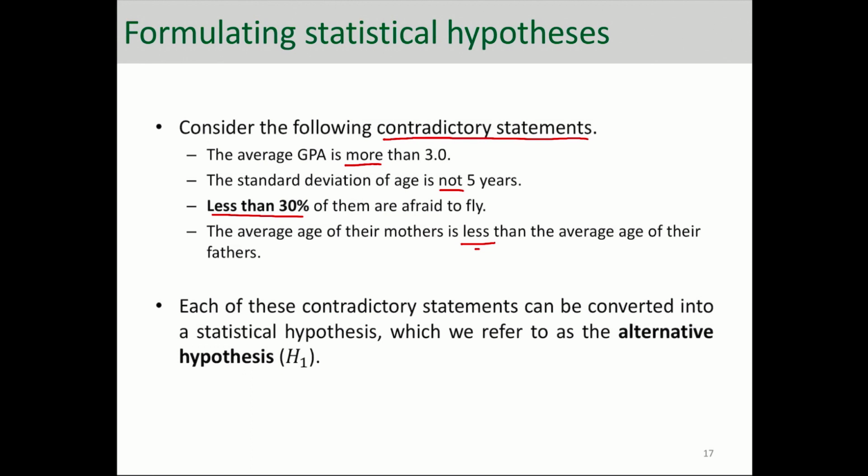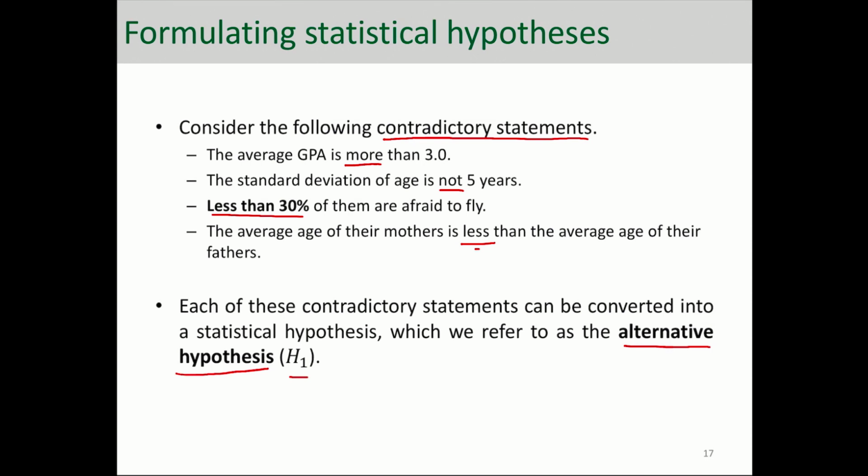These are contradictory statements, and this is another piece of your hypothesis test. Each one of these statements will be your alternative hypothesis, and we show that with H1. So we have a null hypothesis and an alternative hypothesis, and they contradict each other. The goal is to go through this process of hypothesis testing and determine which one is correct.